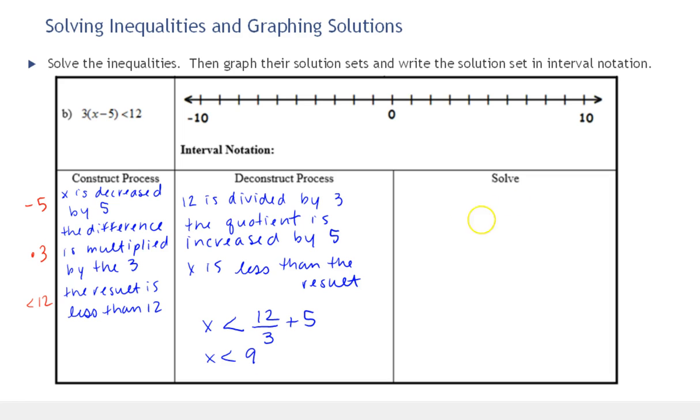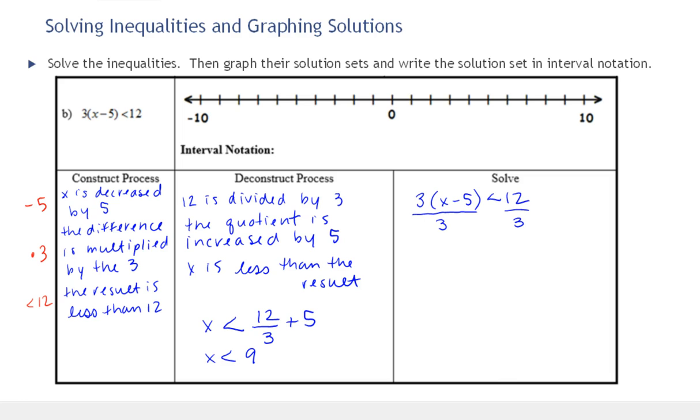Okay. Now here, let's see how we would write this using the properties of inequality. So we have 3 times x minus 5 is less than 12. First, we're going to divide both sides by 3. So divide this whole side by 3 and this whole side by 3.